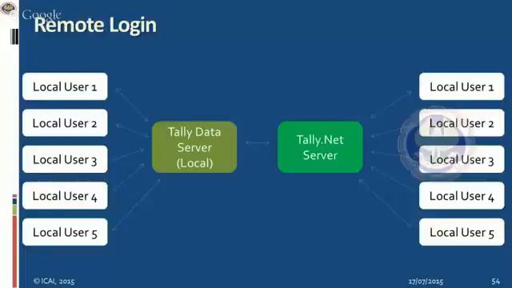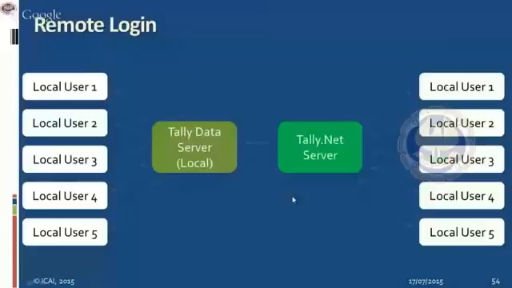As we discussed in the initial part of this session, there is a decentralized system and a centralized system. In a centralized system, the data is stored centrally, and in this case also the Tally data can be stored in a central location, and common data can be used jointly by all the users, and that too simultaneously. So the remote login feature is a part of ERP system.